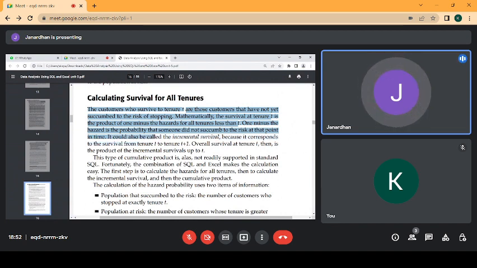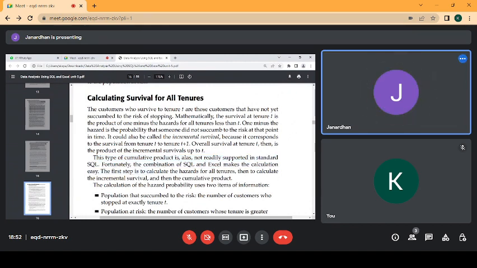It could also be called the incremental survival because it corresponds to the survival from tenure T to tenure T plus 1. Right, overall survival at a tenure T then is the product of the incremental survivals up to T only. This type of cumulative product is alas not readily supported in standard SQL.